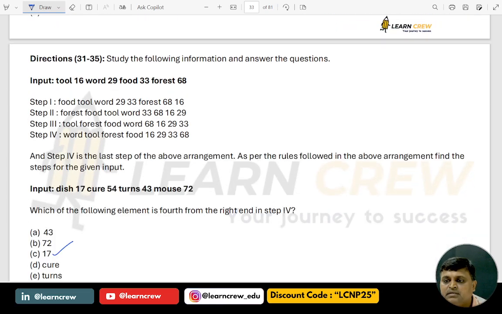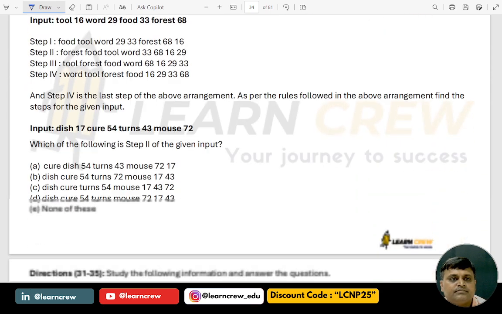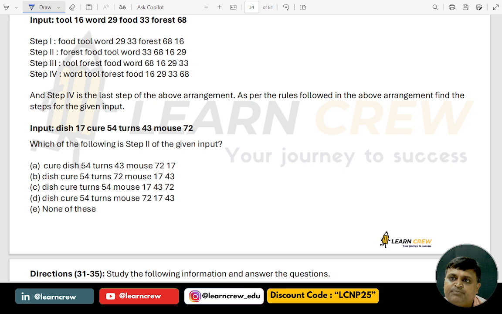Now 33rd question. Which of the following is step 2 of the given input? Step 2 is which one? I think option D, because 17, 43 are arranged. Step 2 is 17, 43 arranged, cure, dish.